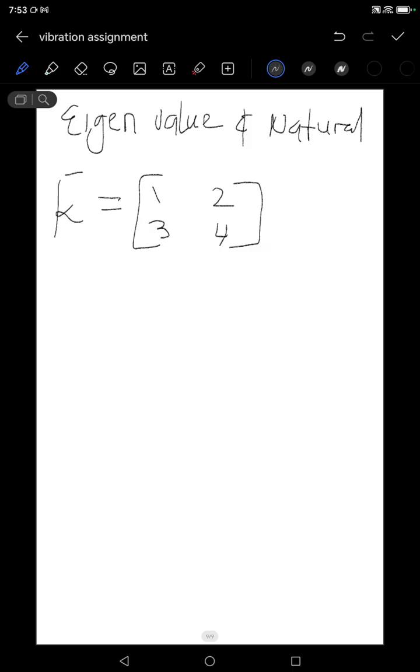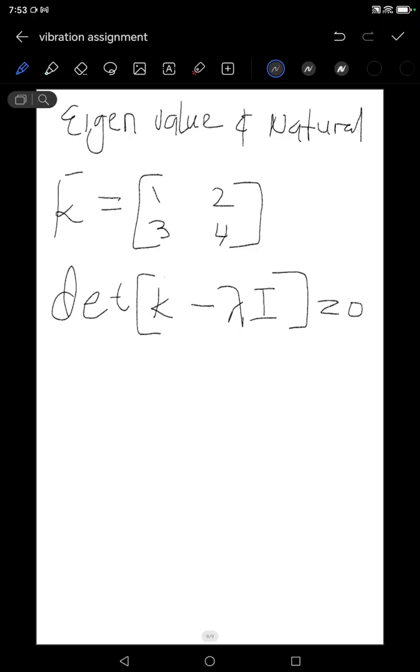So to determine these two, the eigenvalue and the natural frequency, we're going to use the determinant of k minus lambda I equals 0. And I is equal to 1, 0, 0, 1, always. Always I is going to be equal to 1, 0, 0, 1, like this.